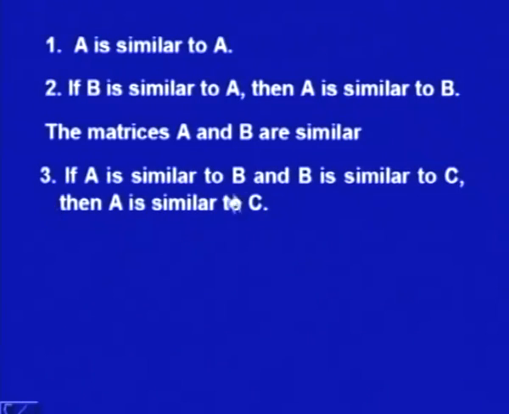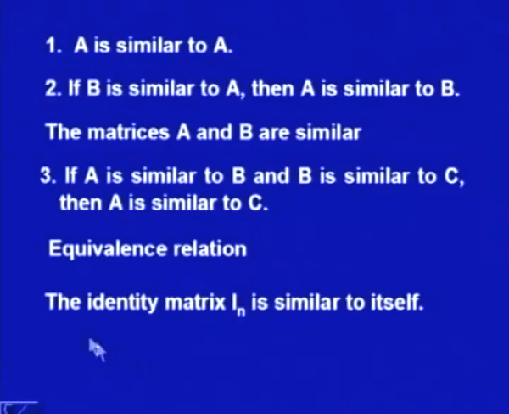Thirdly, if A is similar to B and B is similar to a third matrix C, then A is similar to C. Now, one can see that the first property is the reflexive property, the second is symmetric, and the third is transitive, and on this basis one can say that the relationship, A is similar to B, is an equivalence relation. And one can also see that the identity matrix of order n, that is In, is similar to itself, because in that case P is I itself.